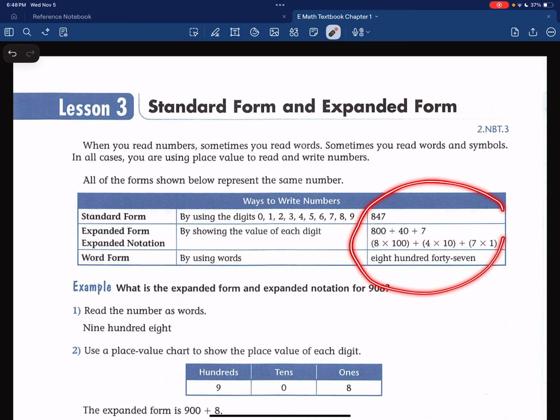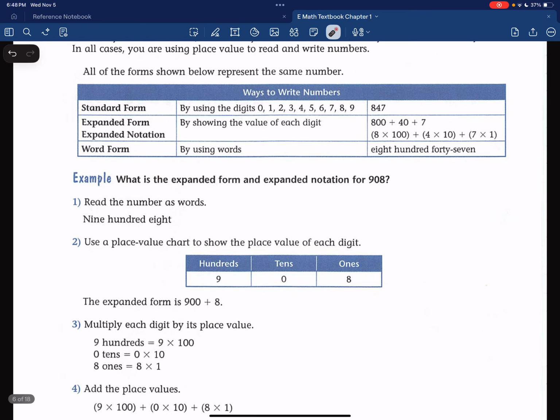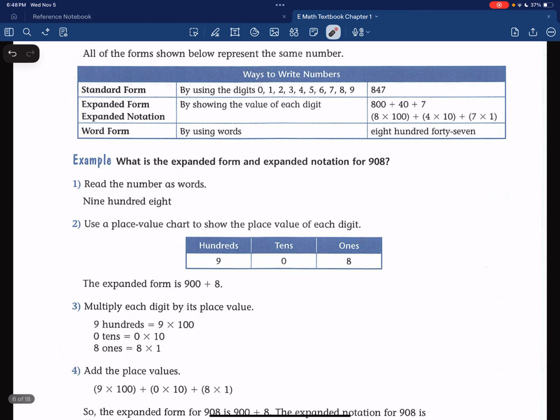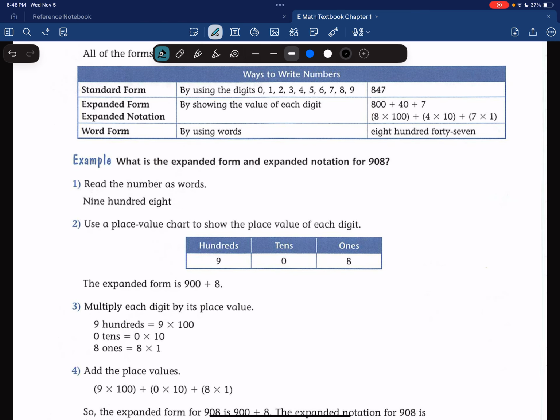But all of these mean the same amount, the same quantity. So here is a question for us. What is the expanded form and the expanded notation for 908? And I think I want to start our practice with this one. What is the expanded form and notation for 908?